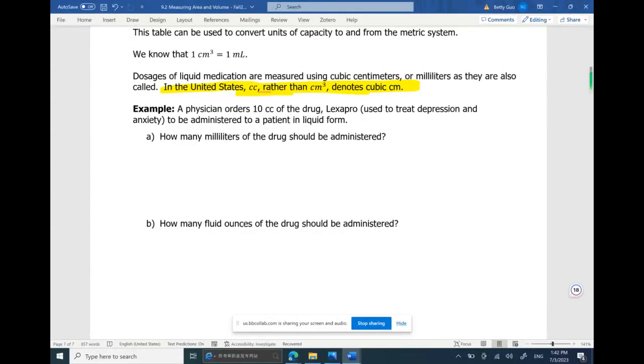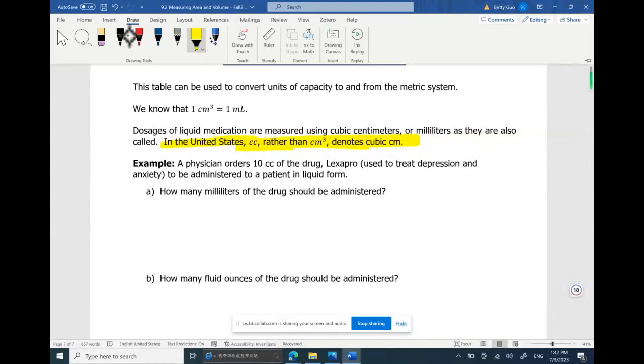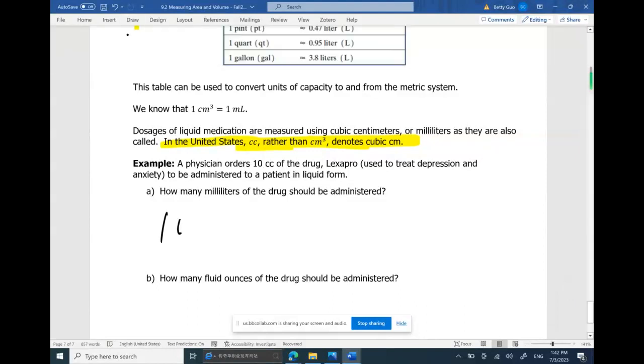So from cc to milliliters. We have 10 cc given, and cc is cubic centimeters. Now we need to go from cubic centimeter to milliliter. Look at this table.